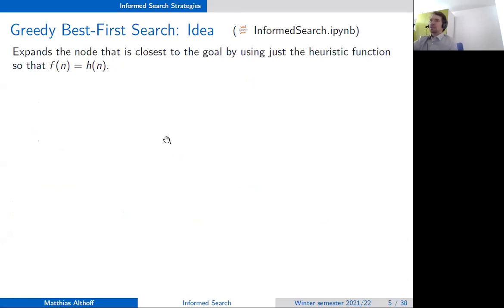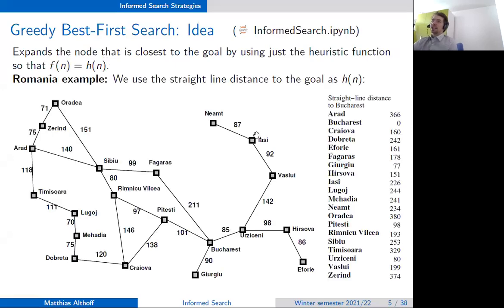The first informed search technique is greedy best first search. As the name suggests, we very greedily try to find the goal, so we always follow simply the best heuristic value. In this case, the function f(n), which we use to evaluate the next node, is exactly the heuristic value. Now, how would this work in the Romania example? Here we need a heuristic that estimates the cost to the goal.